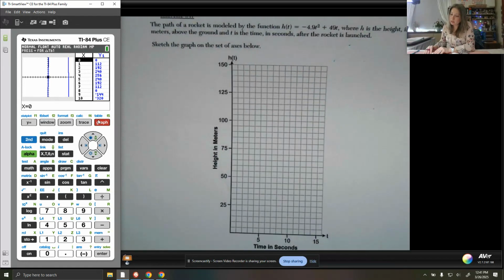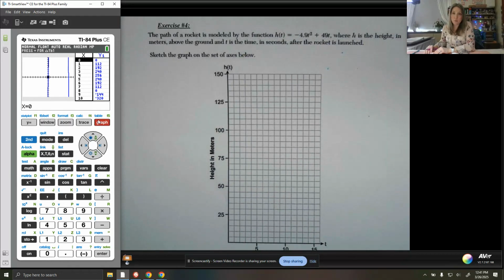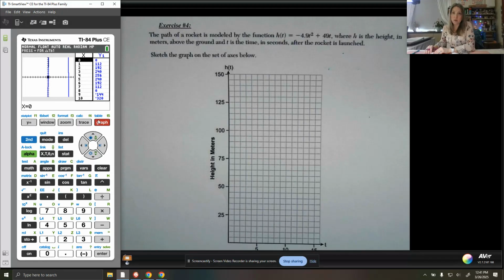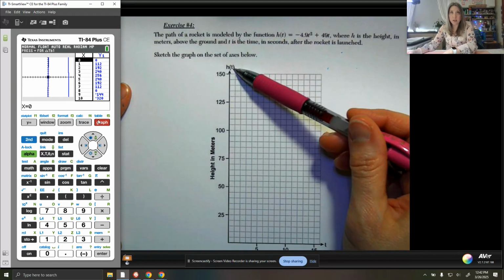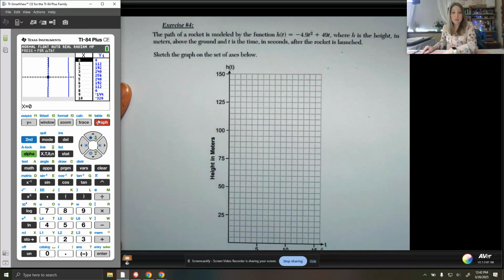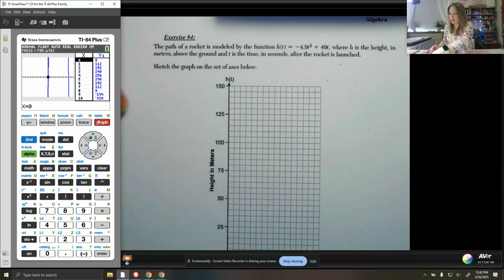So the path of a rocket is modeled by the function h of t equals negative 4.9 t squared plus 49t, where h is the height in meters above the ground and t is the time in seconds. Okay, so there we go. H of t, that's my y values, and t, my time in seconds, that's going to be my x values. Okay, cool. We want to sketch this on the graph provided.